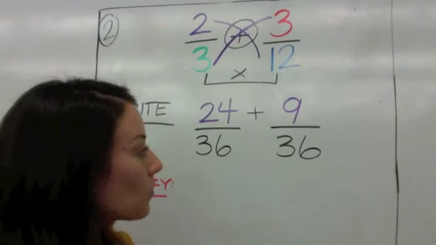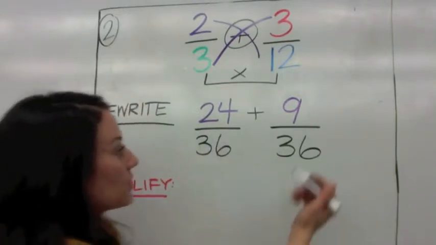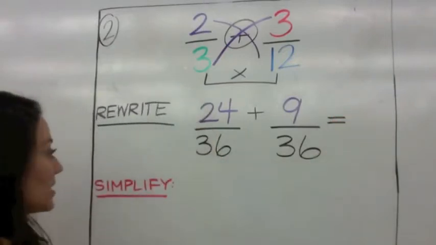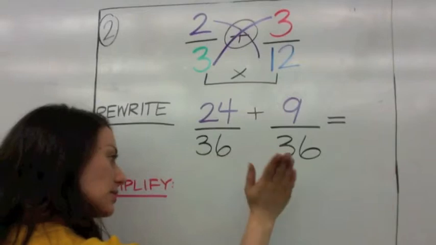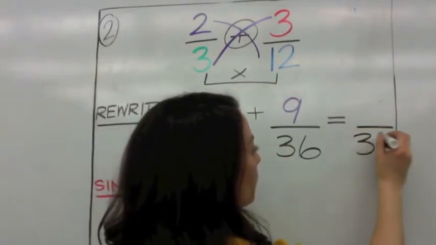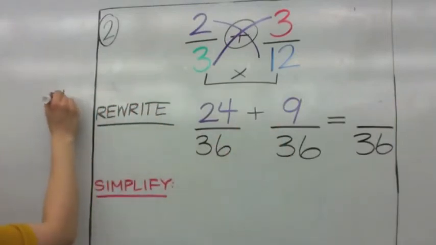Okay. So let's add these fractions. Now that they have the same denominator, you're going to go ahead and say with me, same, same, same. Good. Now we have to add these numerators. We need to add 24 plus 9.